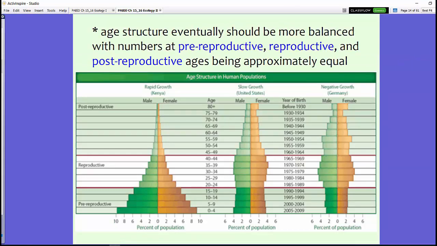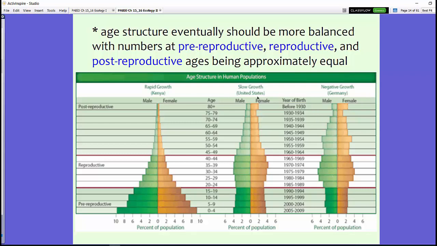So this is the age structure that I mentioned earlier, and age structure is something that we should see as very balanced, with pre-reproductive, reproductive, and post-reproductive ages being approximately equal. This represents an age structure diagram for three different countries around the globe.